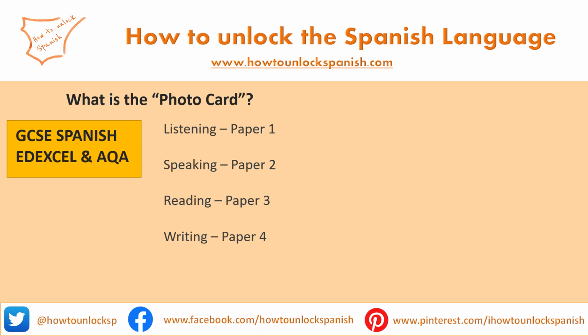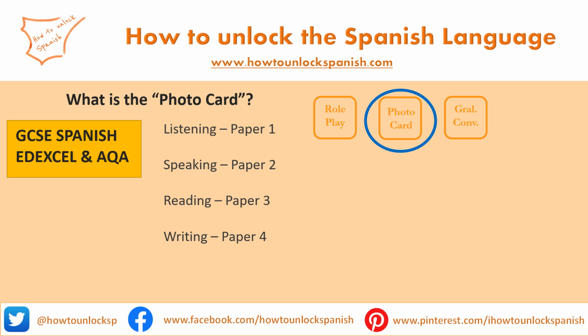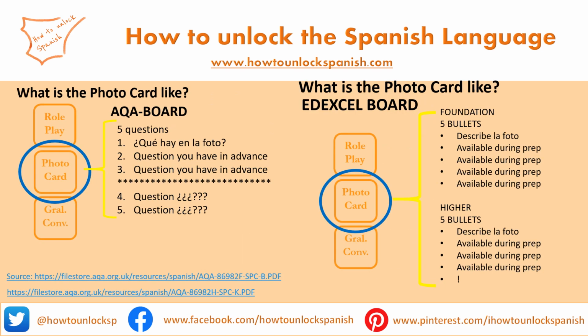As we explained before in a previous video, the GCSE Spanish speaking exam includes 4 different papers, and the speaking test is the second paper, which will take place in the first place. We also explained that the speaking paper includes 3 different tests, and that the photo card is the second task. If we have a look at the photo card, we are going to see that we will always have a photograph, which is a stimulus for the task in particular, and then we will have 5 questions.